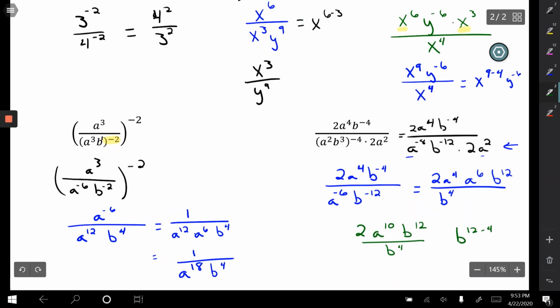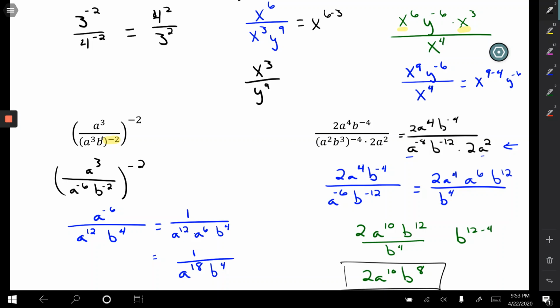That is going to leave me with 2a to the 10th power and b to the 8 as my final answer. There we go. And that's using all of those exponent properties to get to a simplified answer with only positive exponents, each base showing only one time, and our numbers as simple as possible with no parentheses. And that is our quotient rules.